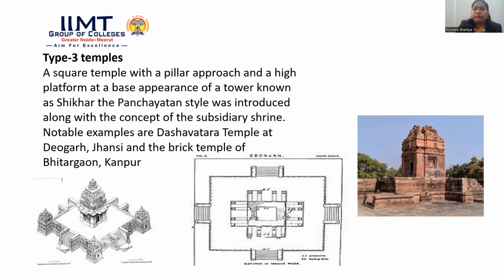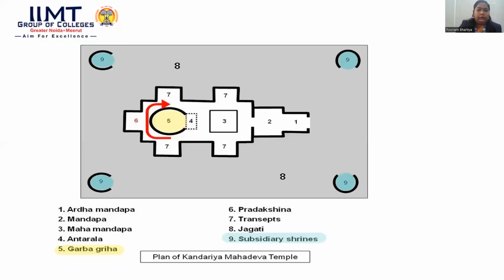So this is the Panchayatan style of architecture, and you can see this structure, and around the main temple we can see 4 sub shrines. So there are different parts of Panchayatan style temples. Number 1 Ardha Mandap. We started with number 1 part, number 2 Mandap, number 3 Mahamandap.